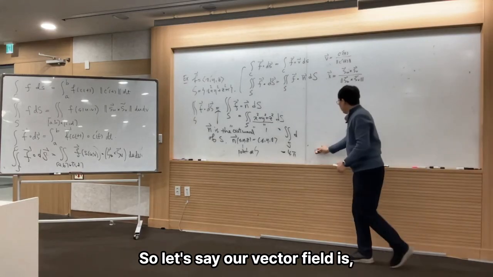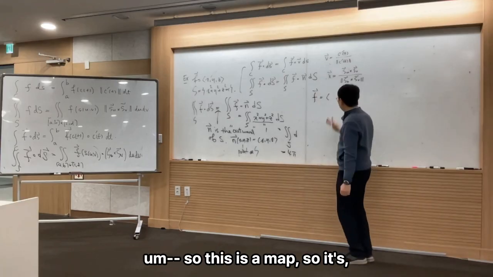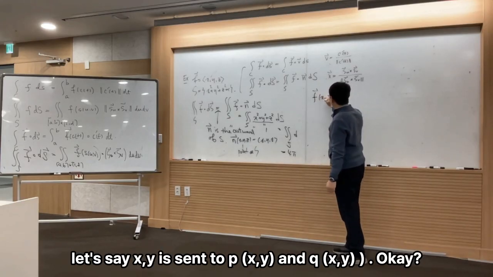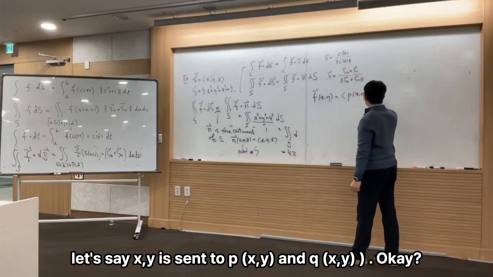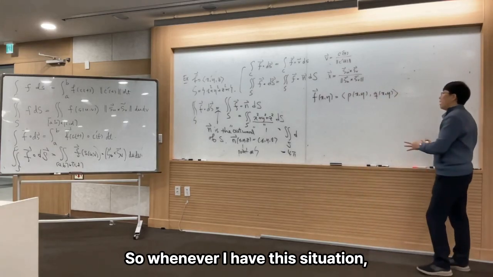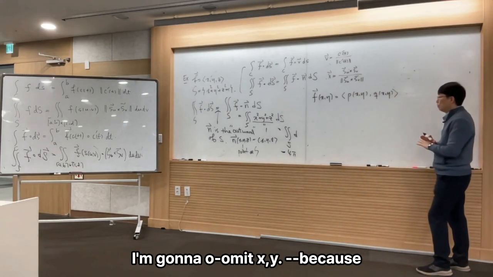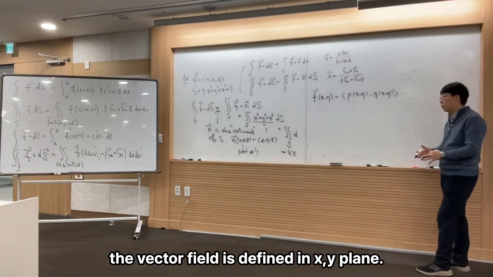Let's say our vector field is a map, so (x, y) is sent to (P(x,y), Q(x,y)). Whenever I have this situation, I'm going to omit x, y because it's obvious that the vector field is defined on the xy plane.